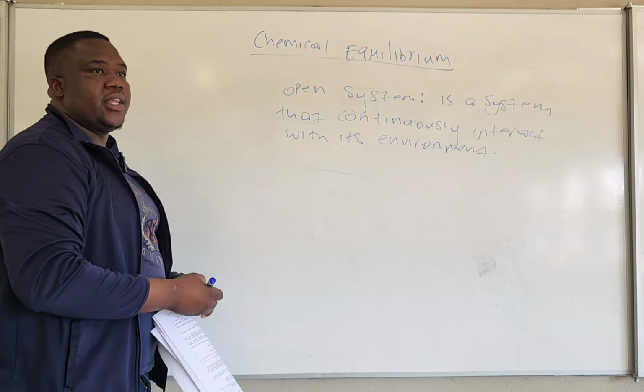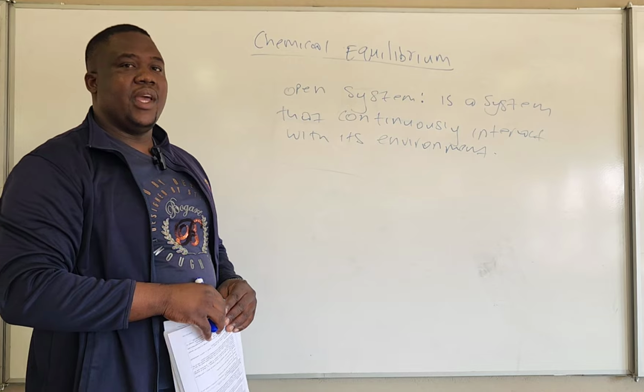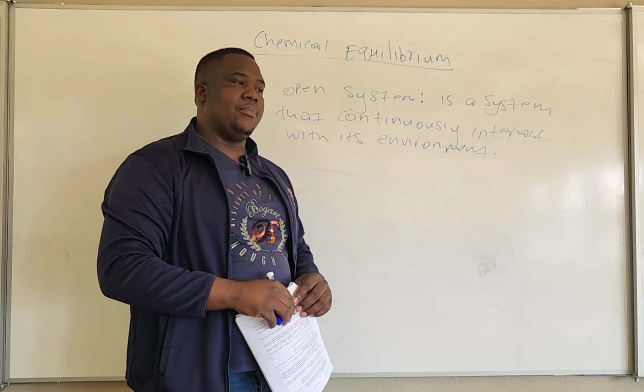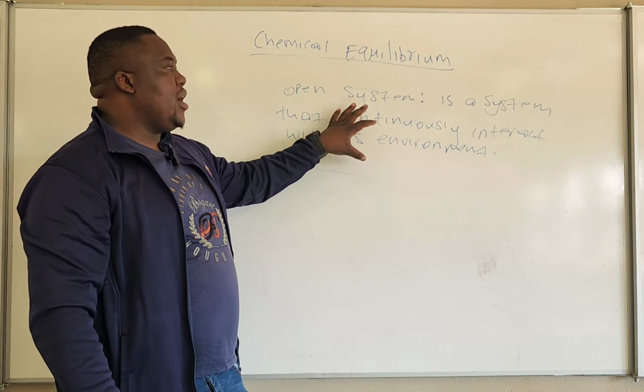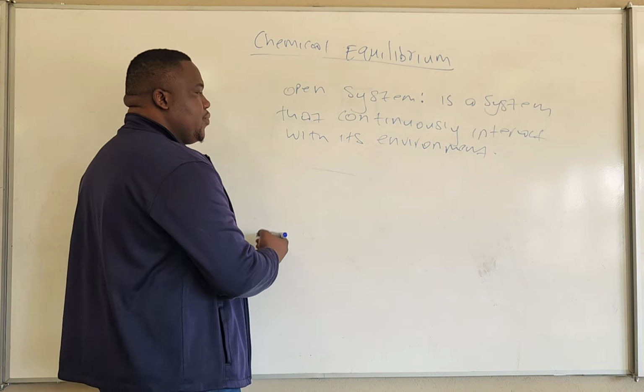So an open system is a kind of system where there is an exchange of energies between itself and the environment. So an open system cannot be able to reach equilibrium.